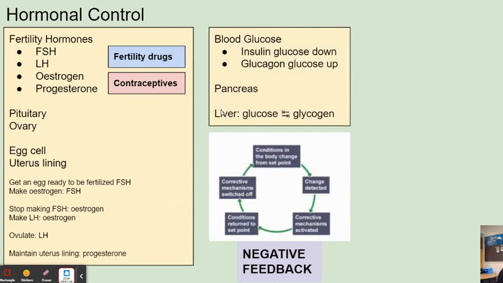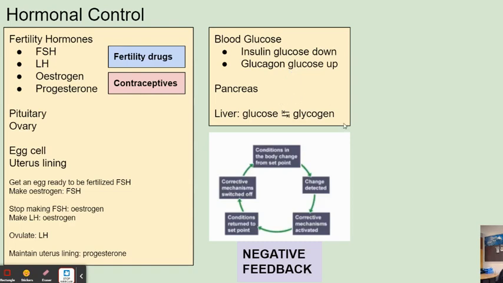Okay, the next hormones are those in the control of your blood glucose. Think: the organ that's making the hormones and detecting the blood glucose is your pancreas. Insulin is produced to reduce the level of glucose in your blood, and for higher tier people, glucagon does the opposite job.